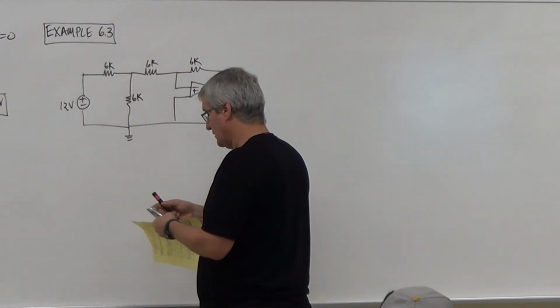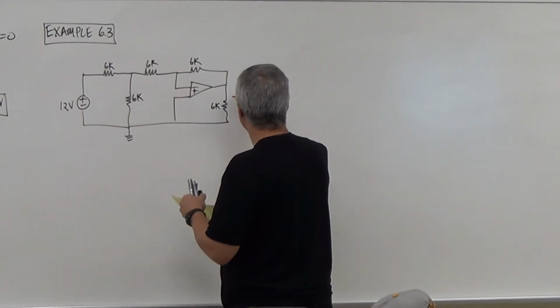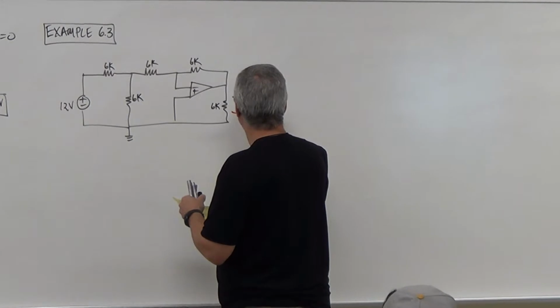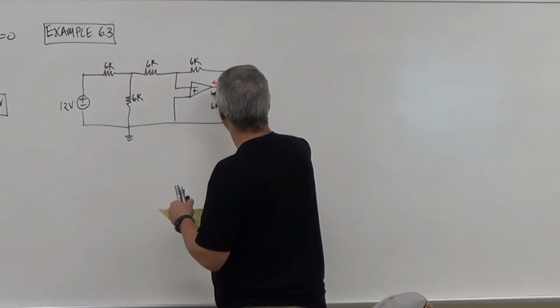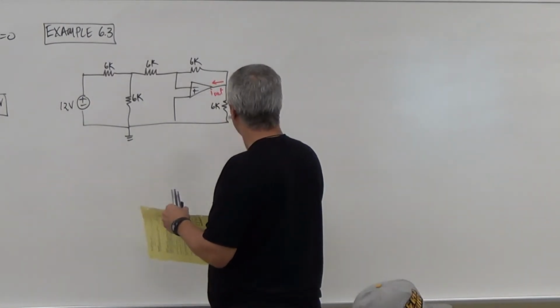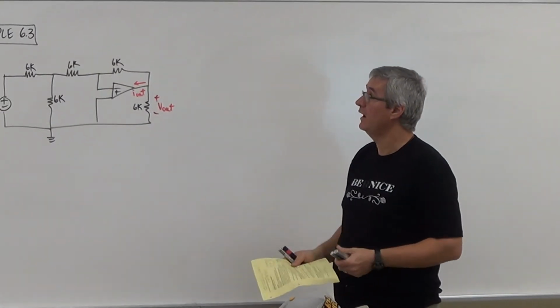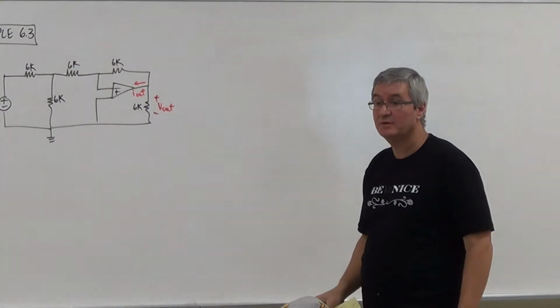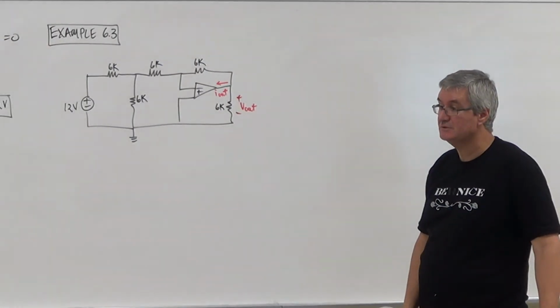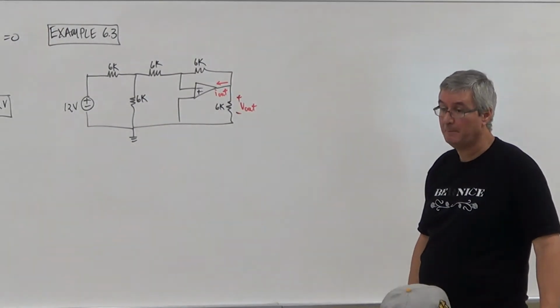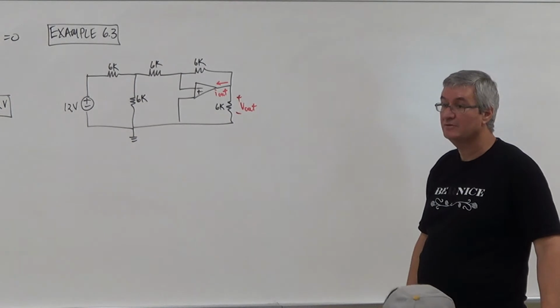Okay, so what are we solving for? We're solving for V out, and we're solving for the current going in. I think let's do this with using simple circuits, and then we'll do nodes as well. See if you can think your way through this thing.